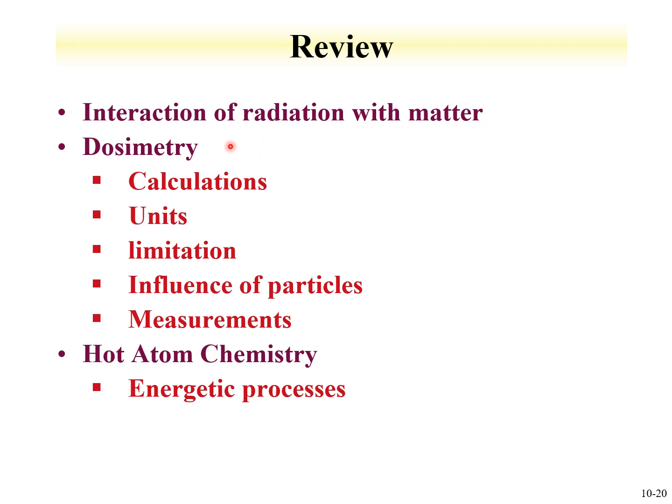Those reactions are the basis of dosimetry, where one wants to measure the amount of energy deposited per unit mass and understand ultimately the effect that deposition of energy provides. We talked about calculations for dosimetry. We talked about dosimetry units: grays, sieverts, rads, and rems.